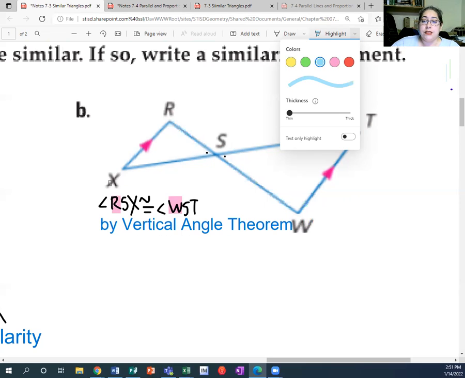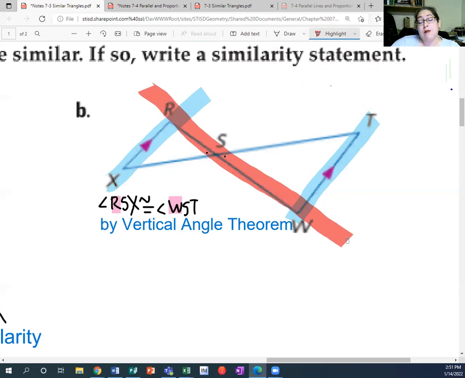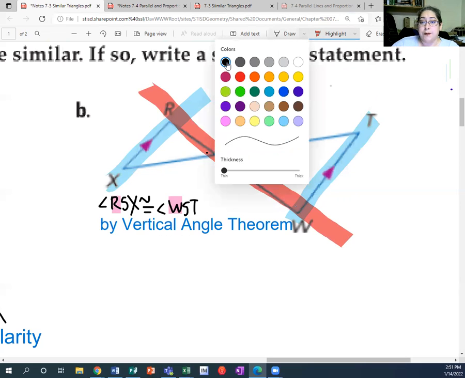Well, I'm noticing right here, I've got some parallel lines. Chapter 3 taught us all about parallel lines, and in particular, it told us about parallel lines when they're cut by a transversal. I could pick either of these two lines, but I'm going to pick RW just because it seems to be the good line to pick today.